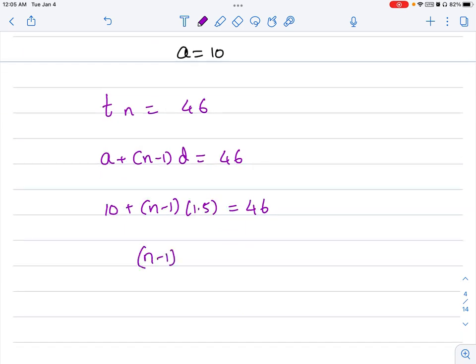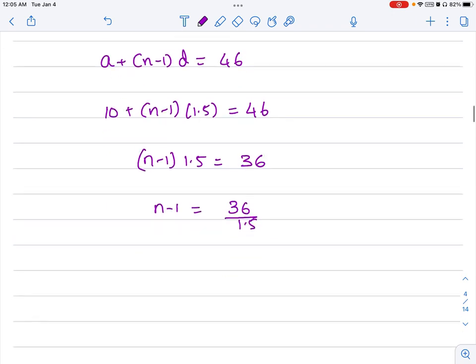So n minus 1 times 1.5 equals 36, since 46 minus 10 is 36. n minus 1 is equal to 36 upon 1.5. When I take the calculator and divide 36 by 1.5, it gives me 24. So n is equal to 25. That's going to be the answer for question number 3.